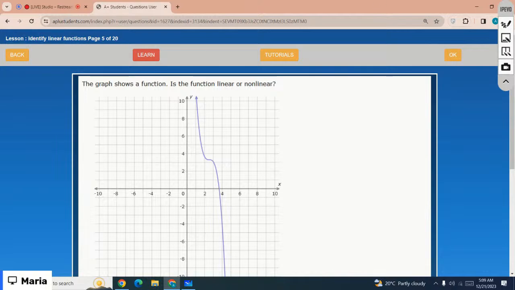Okay, the graph shows a function. Is the function linear or non-linear? Yes, that is a non-linear function. The correct option is non-linear.